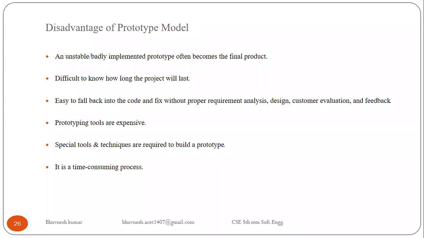How long the product and your software will work will create a problem in the prototype model. It is easy to fall back into the code and fix things without proper requirement analysis, design, customer evaluation, and feedback. We backtrack our product without any requirement analysis, design, or evaluation. That is also a problem in the prototype model.